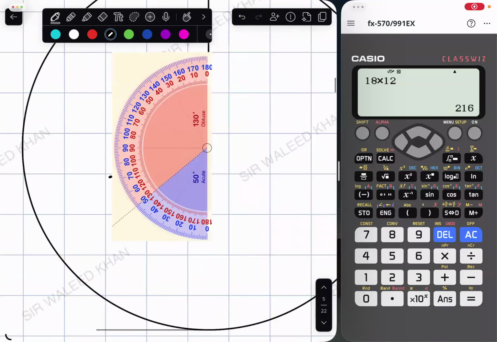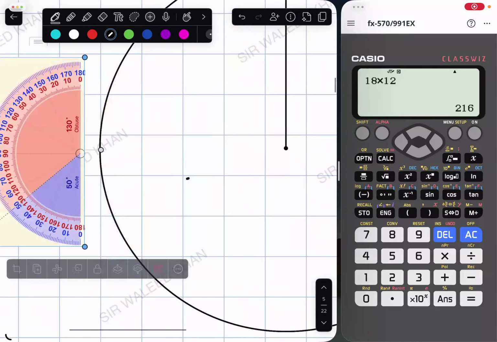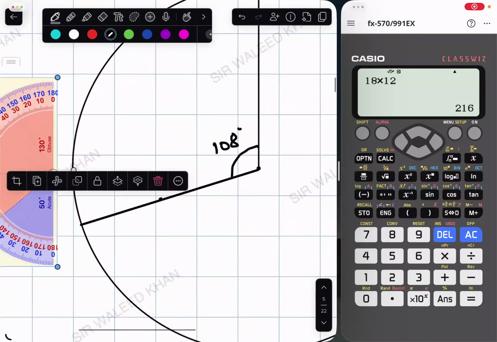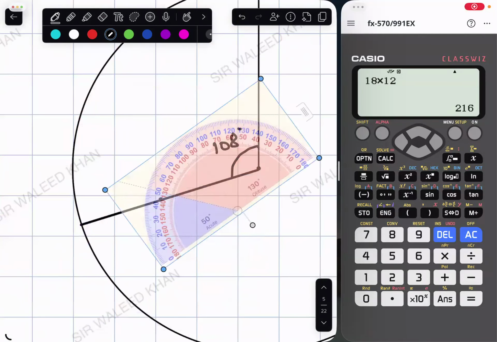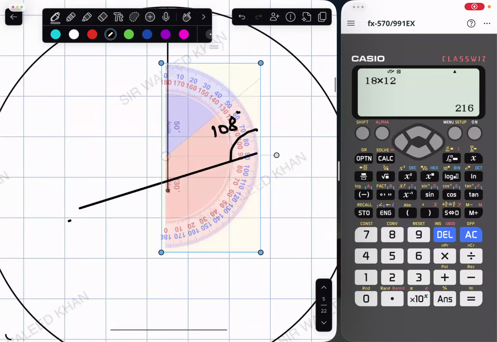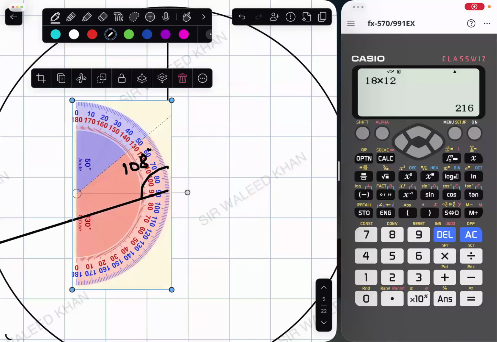You can just draw a line with a ruler like this in the same direction. The same, I can use on this side and mark.